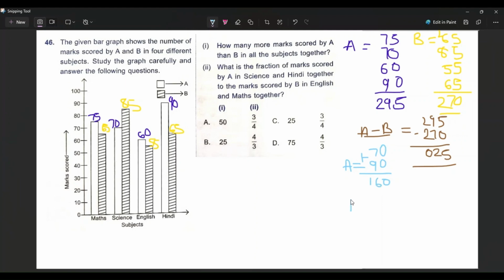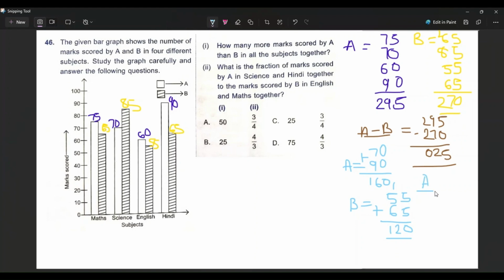Now let's write B's marks in English and maths together. English 55, maths 65. 5 plus 5 is 10. 1 carry. 1 plus 5 is 6. 6 plus 6 is 12. 120.